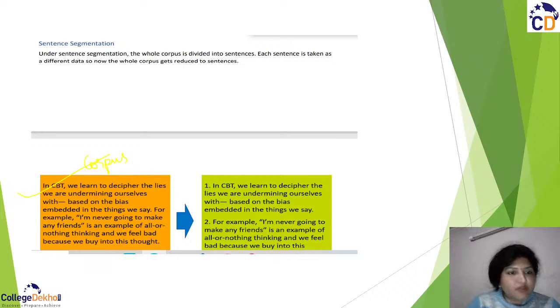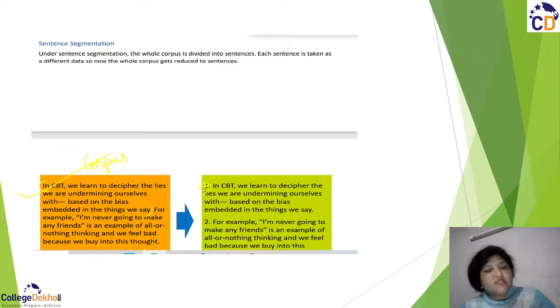Here, in CBT, we learn to decipher the lies where we are undermining ourselves, based on the bias embedded in the things we say. This is the complete sentence, and from here to here it is marked as one in the sentence segmentation.